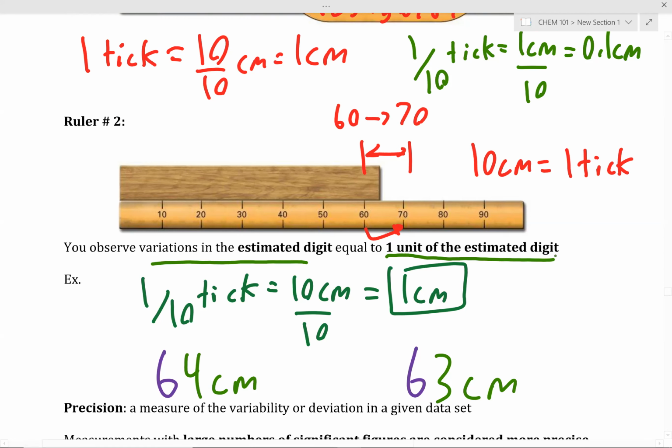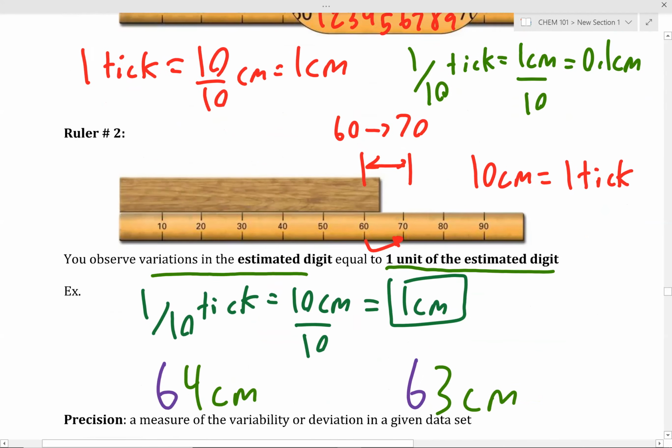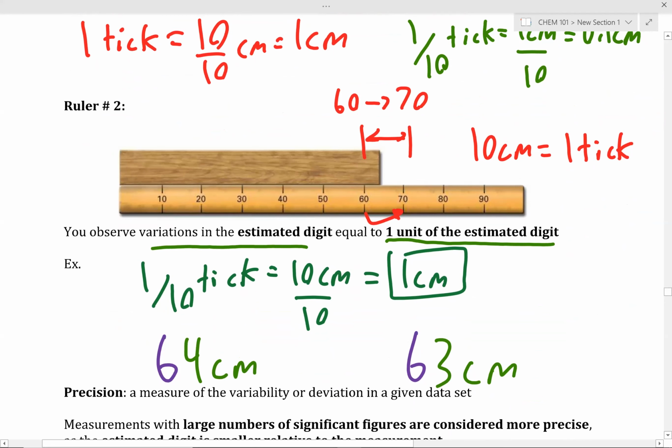Now, as we can notice in these two measurements, they have different numbers of significant figures, right? Depending on the instrument used, your measurement will have a different number of significant figures reported. So you really need to be careful with how you report and represent your data, as it tells everyone a little bit about how your data is collected.